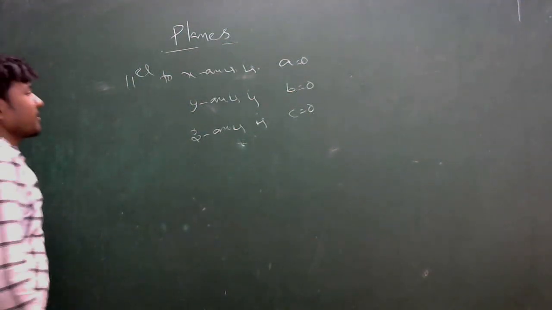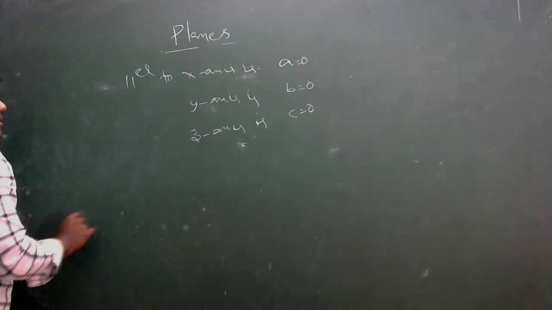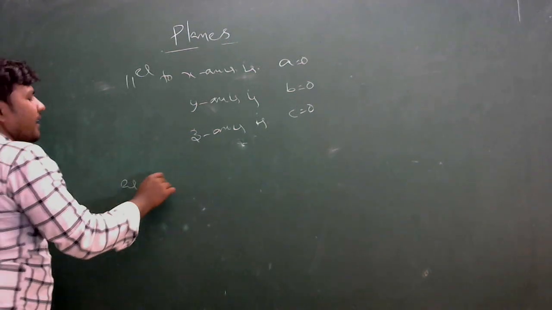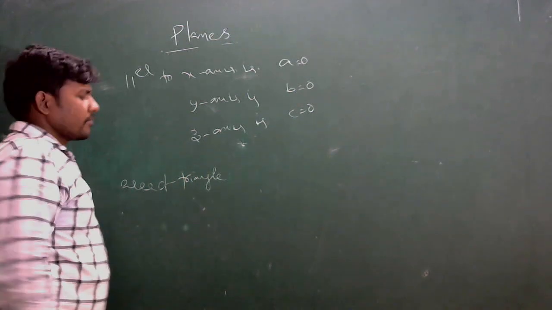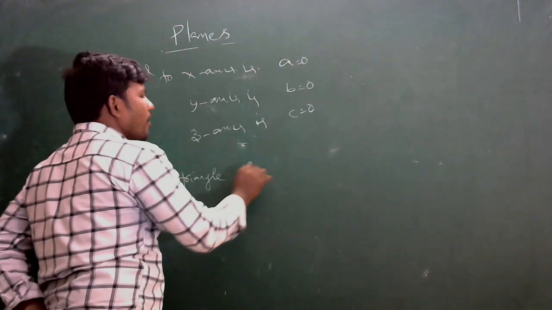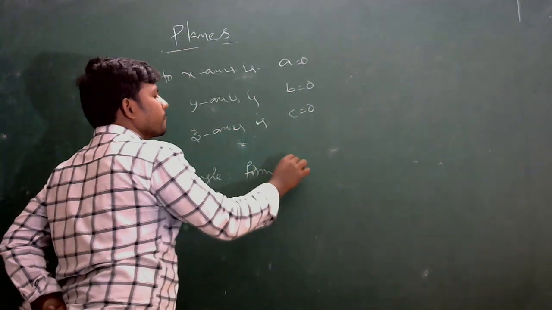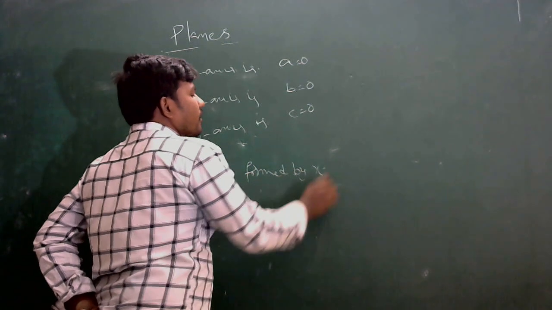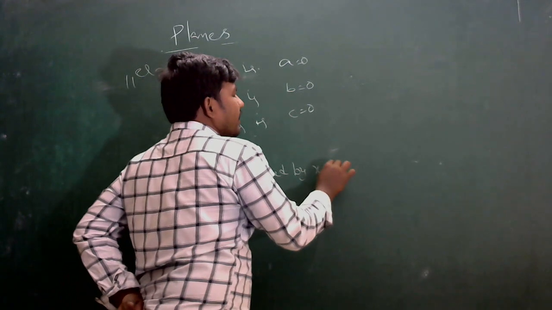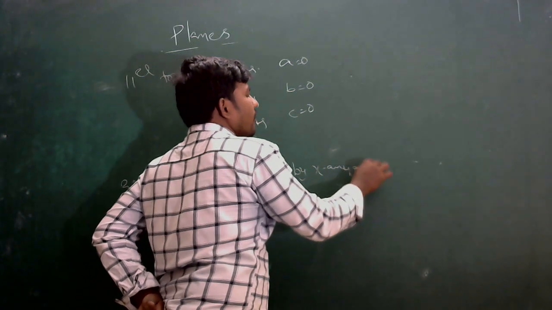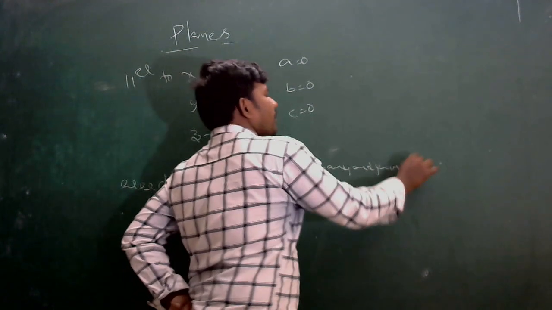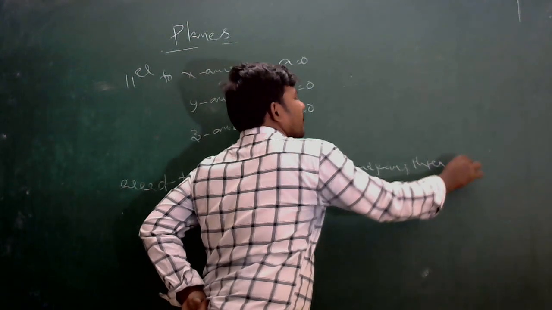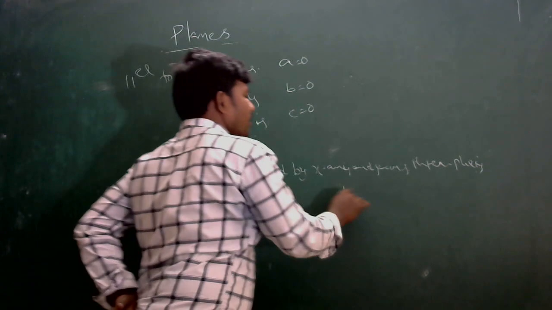Next, the area of the triangle formed by the plane intersecting the x-axis and y-axis is half AB.